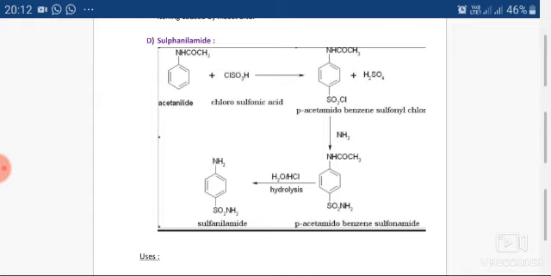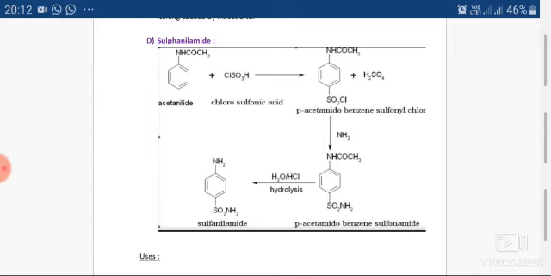Then in ammonolysis, ammonia is attacking on the SO2 and it is replacing the chloride ion or chlorine, and it is forming the sulfonamide.